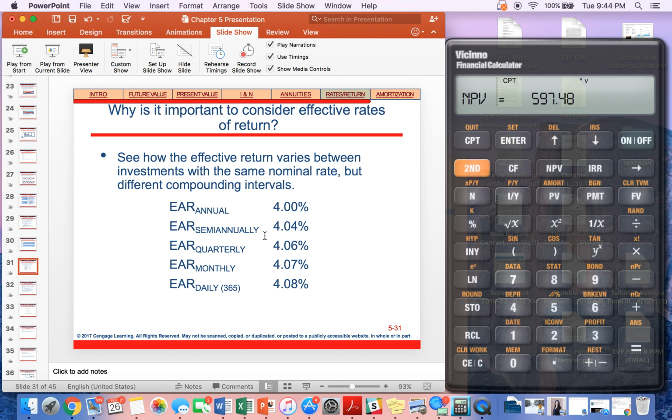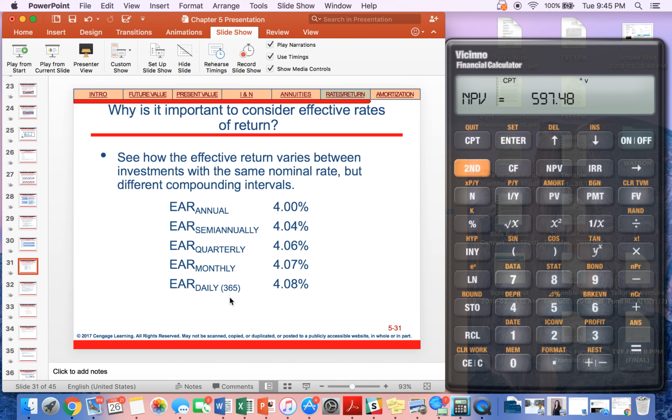And if you follow that same equation from slide 29 back here, if you plug in the varying M, you're going to go ahead and get these interest rates, excuse me. So if it's a semi-annual rate, your M will be 2, and your rate will be 4.04. If it's quarterly, your M that you would plug into that calculation would be 4, and your effective annual rate would then be 4.06. If it was monthly, your M would be 12.